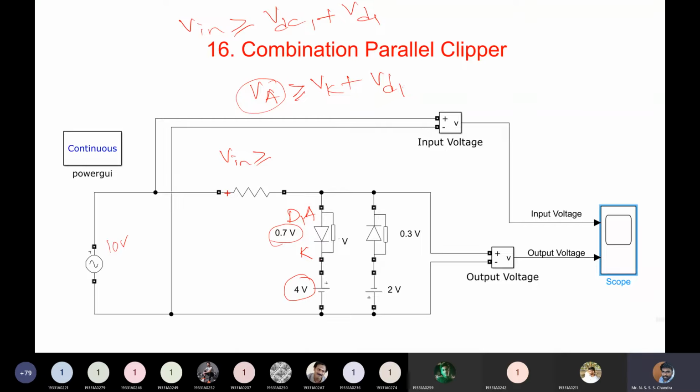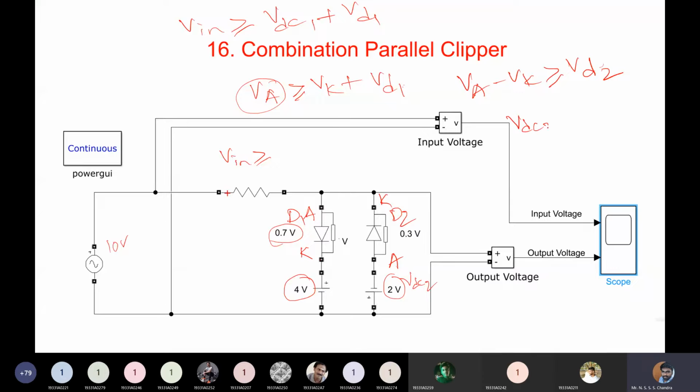Similarly, if you want diode D2 to be turned on, now here this is the cathode and this is the anode, right? So here also VA minus VK should be greater than or equal to VD, and instead of VD I will write VD2. VA is the anode voltage, at the anode I have VDC2.